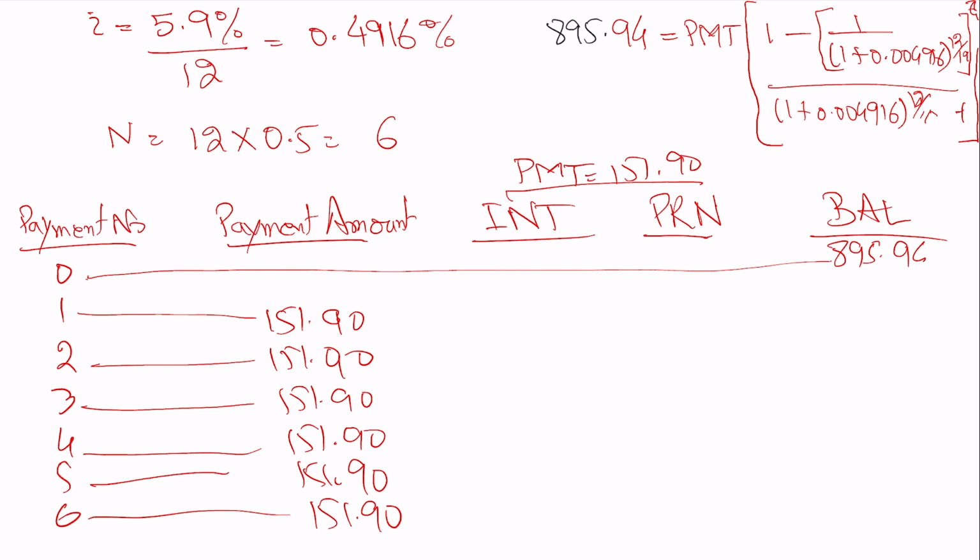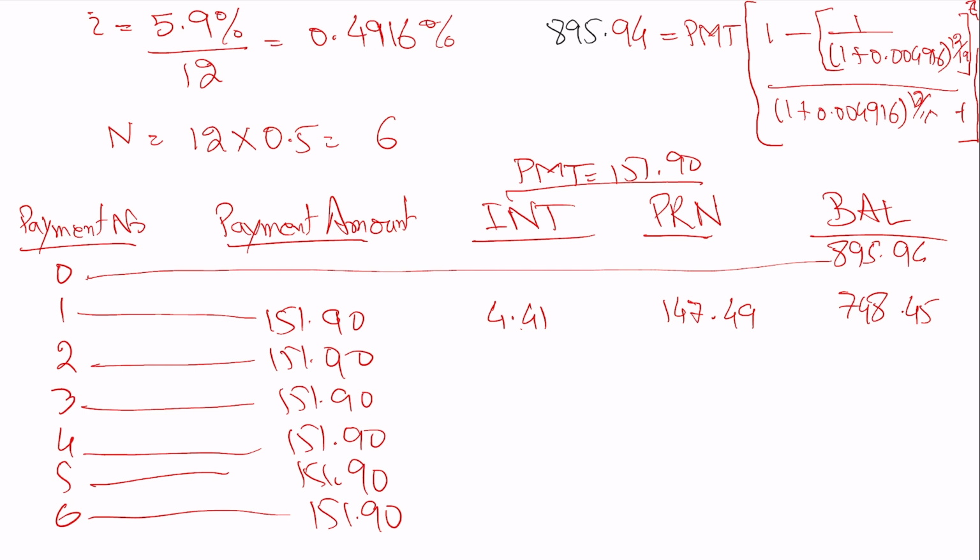If we apply the formula, we get 4.41 here, and 151.90 minus this, so PMT minus INT, we get the PRN, which is 147.49. We subtract this amount from the balance, and we get 748.45.